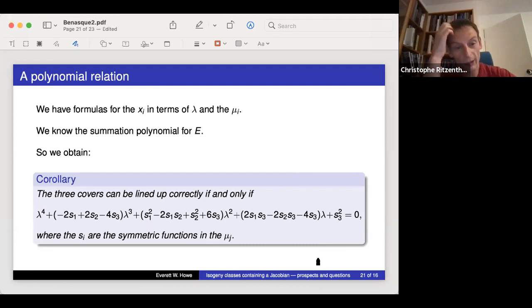So you can keep S1 and S2, and S2 minus S1 you can call another variable, so in fact this other variable, lambda and x3. So it is a plane quartic. You would look at it as a cover of a plane quartic, because your symmetric functions you have to redecompose.